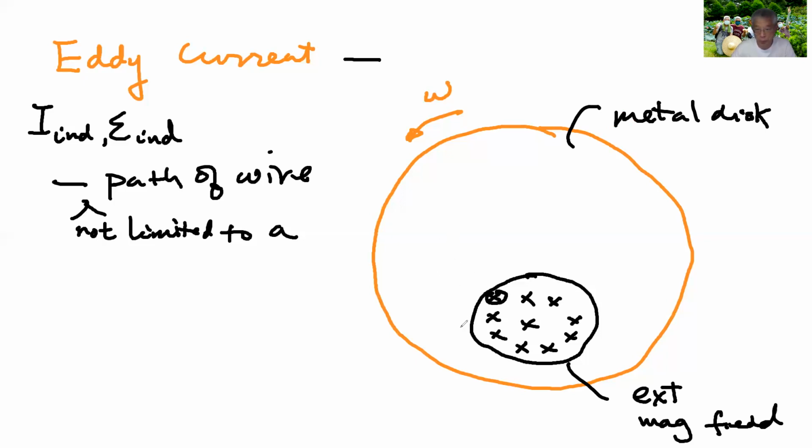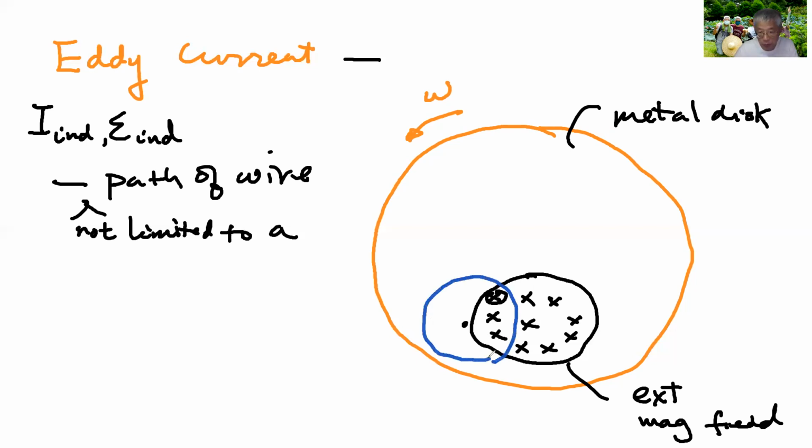For example, let's say I'm looking at this point here, that it's just about to enter. When it's entering, what's going to happen? Right here, when it's trying to enter, there will be eddy current going in this direction.